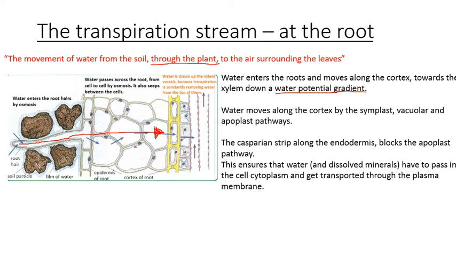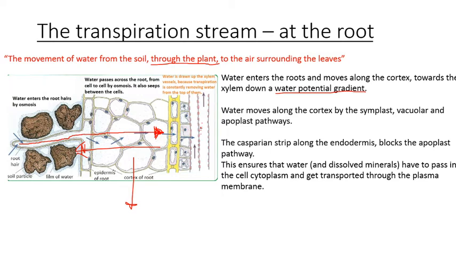You want 100% of the water that entered the root to end up in the xylem. You don't want it moving this way. You certainly don't want it moving backwards. You have to keep it moving into the xylem, because that's the only way it's going to get up the plant and to the cells that need it.